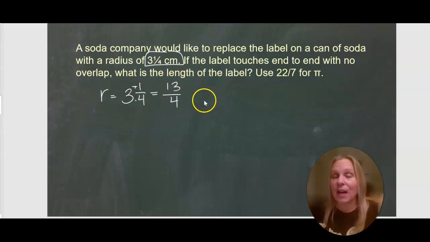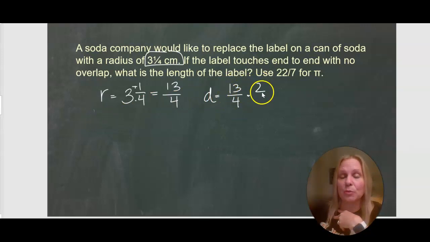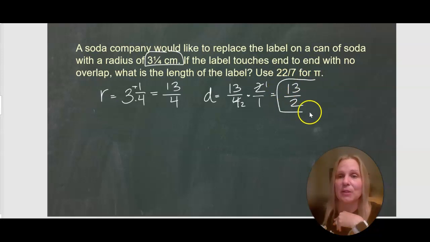And then I'm going to double it because I want the diameter. So my diameter is my radius times 2. I'm going to do a little canceling, divide by 2, and that's going to be 13/2. So this is my diameter.